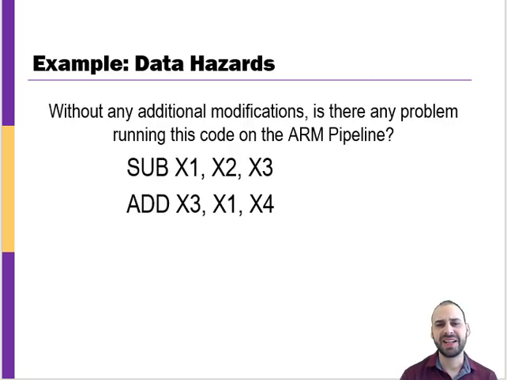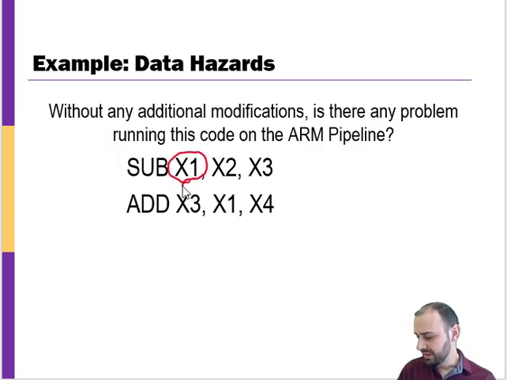Let's take a look at these two instructions here, and let's assume that we're running both of them in the ARM pipeline. We've got the subtract operation followed by this add operation, and there is a dependency in which we are writing to register 1, and the next instruction is actually reading from register 1.